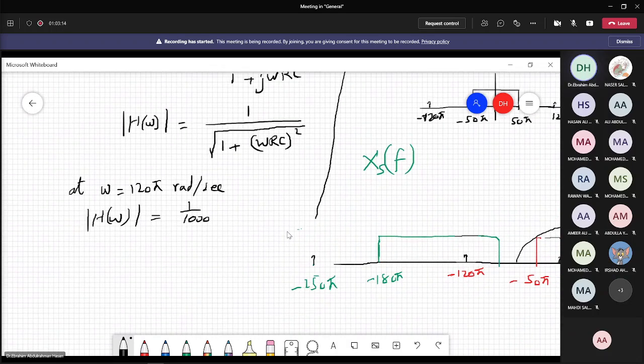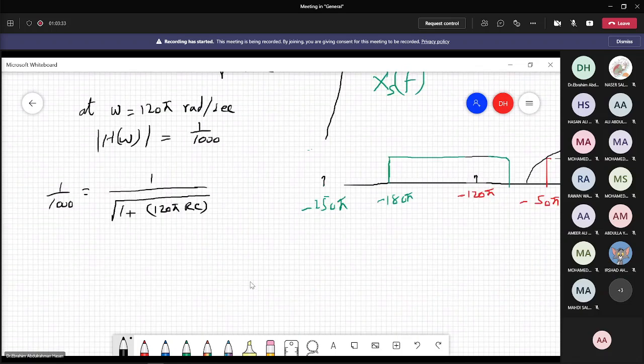So 1 over 1000 equals 1 over the root of 1 plus 120 pi RC all squared, so the root of 1 plus 120 pi RC all squared equals 1000.